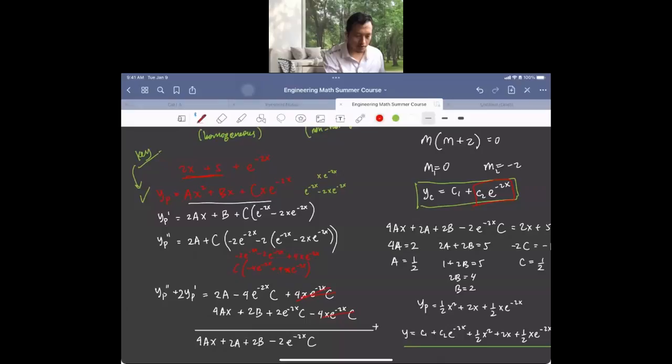Any other questions? So maybe we have one more, and then we can have another section, the other method.